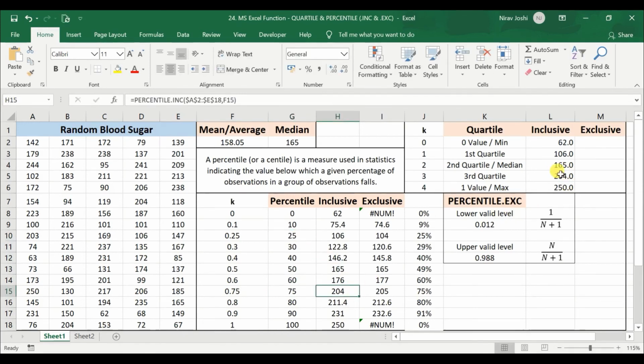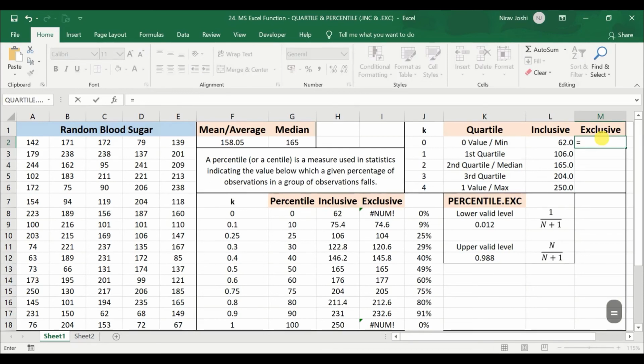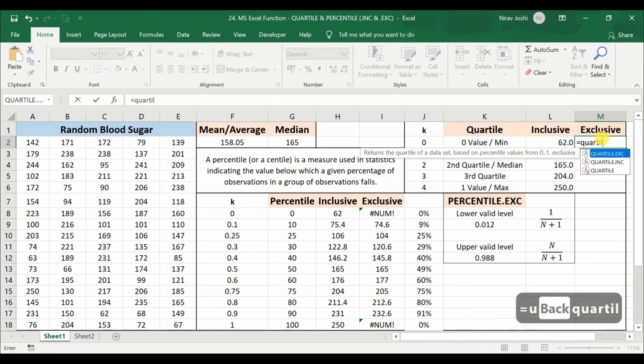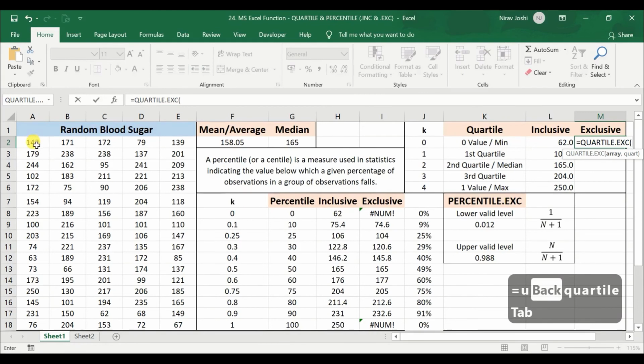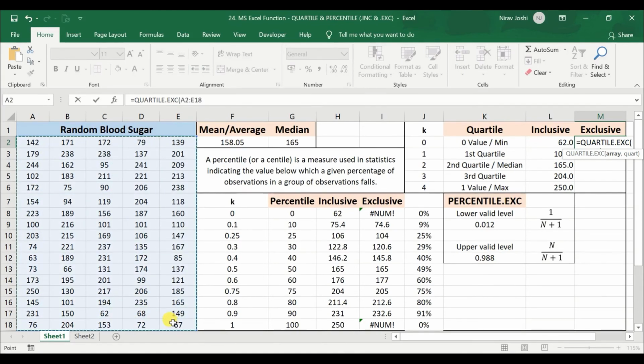Similarly, we will also calculate quartile by using the function quartile exclusive. We will select the array or range, make it absolute, then we need to provide a value for calculation of quartile. 1, 2 and 3, only 3 values are there because this function does not include 0 and 4, that is the minimum and maximum value cutoff, as quartiles. It is similar to this one in percentile.